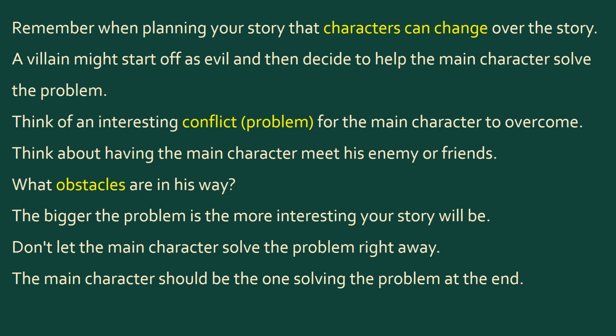So don't let the main character solve the problem right away. Build some tension. And also remember, the main character should be the one solving the problem at the end.